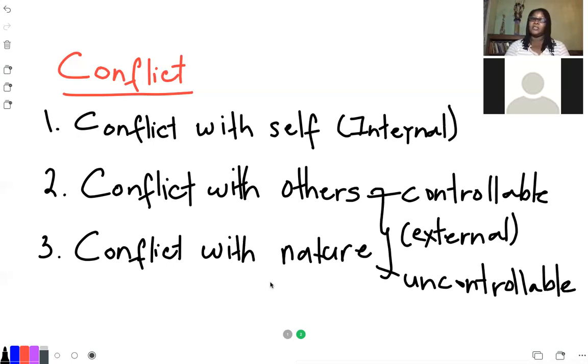So first of all, he's at home, he's trying to decide what to wear. Should I wear my green shirt? Should I wear my purple shirt? The mere fact that he has some sort of decision or choice that he has to make, that is a conflict with himself.